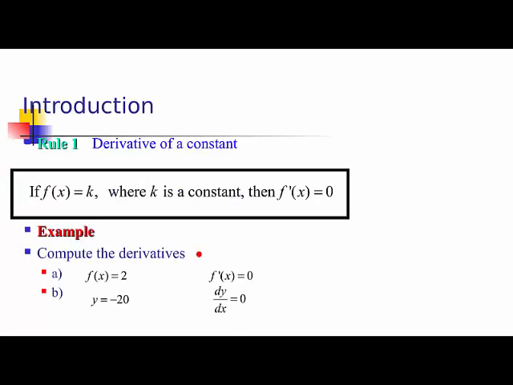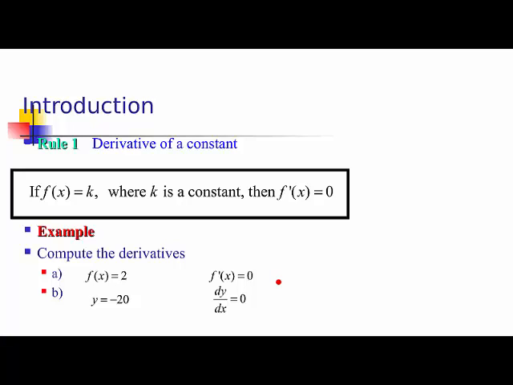The first rule says that derivative of a constant. When we talk about derivative of a constant, it means that our f(x) will be given in terms of a constant, which is either 1, 2, 3, -1, -2, anything.